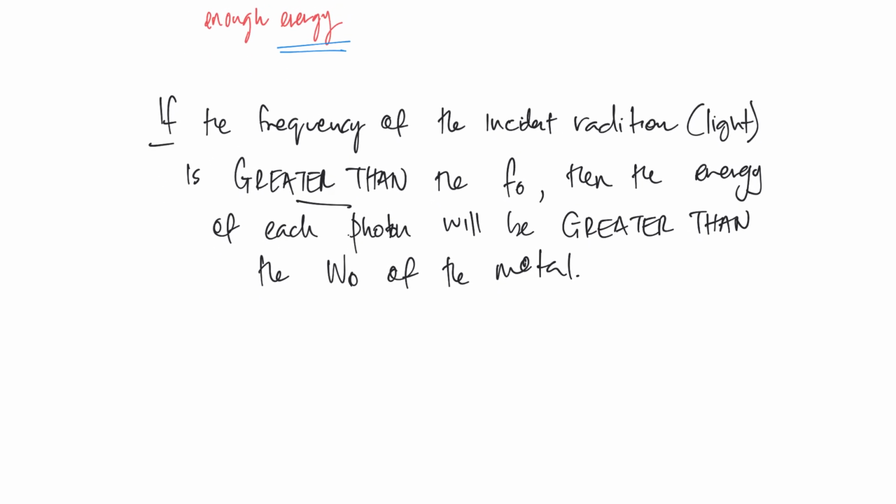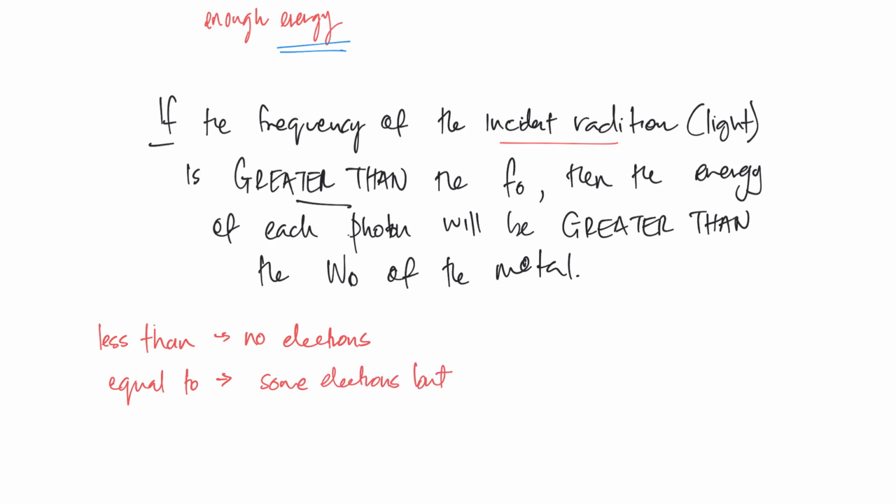Alright, so let's understand that a little bit. If I had it less than, so far this is what I had. If the frequency of the incident radiation was less than, then I had no electrons. Right? If my frequency was equal to, then I had some electrons, but also I had enough energy.